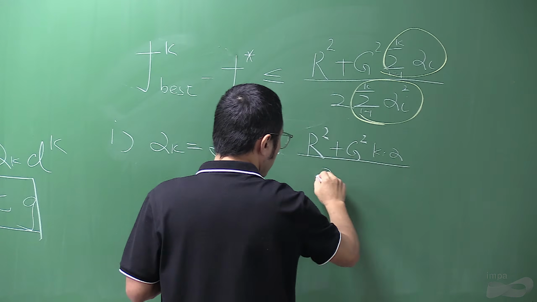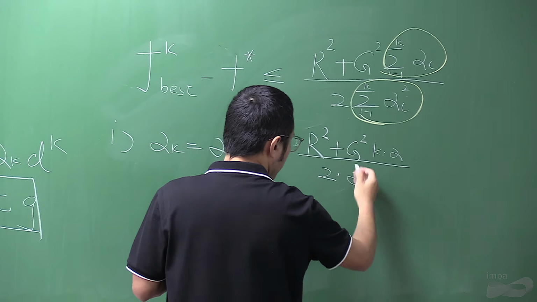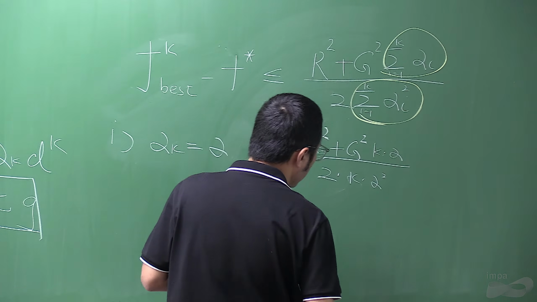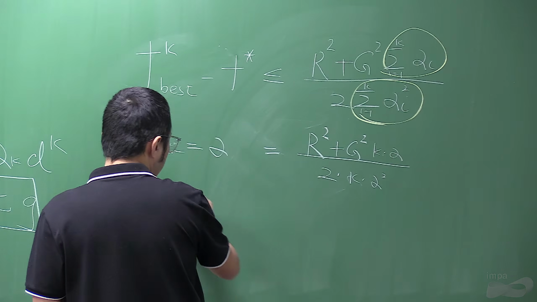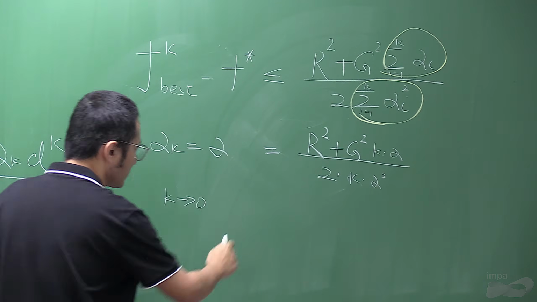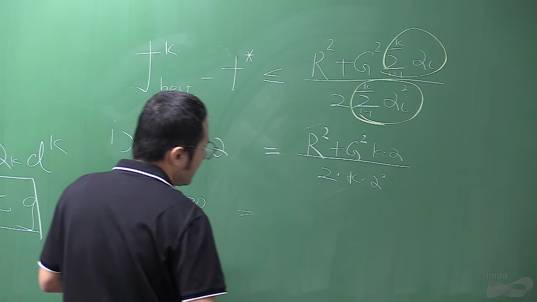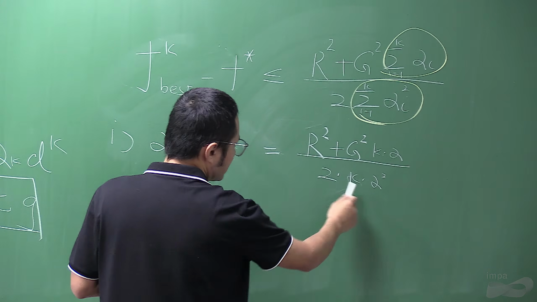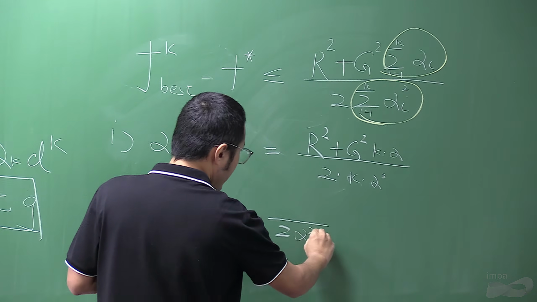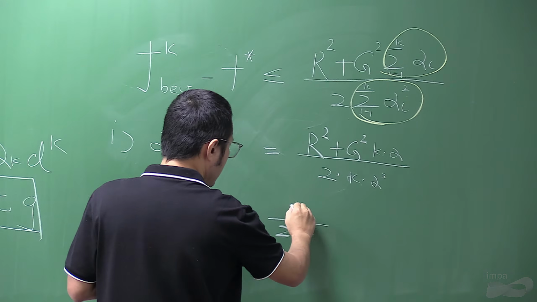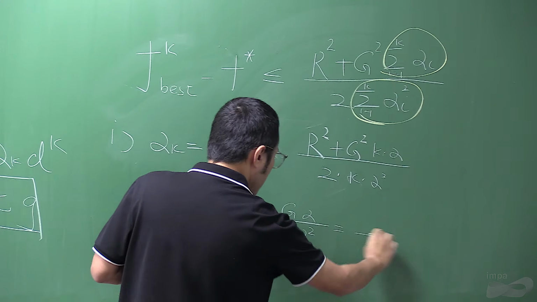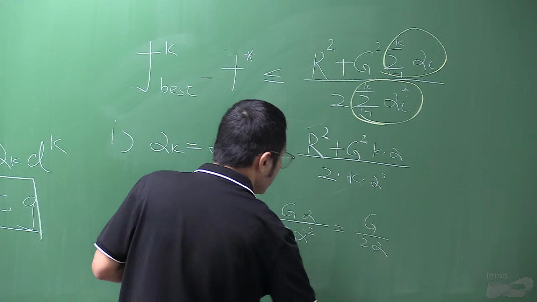This part becomes 2 times k times alpha squared. So when k approaches infinity, this part is 0, so you have 2 alpha squared g, which is 2 alpha g.